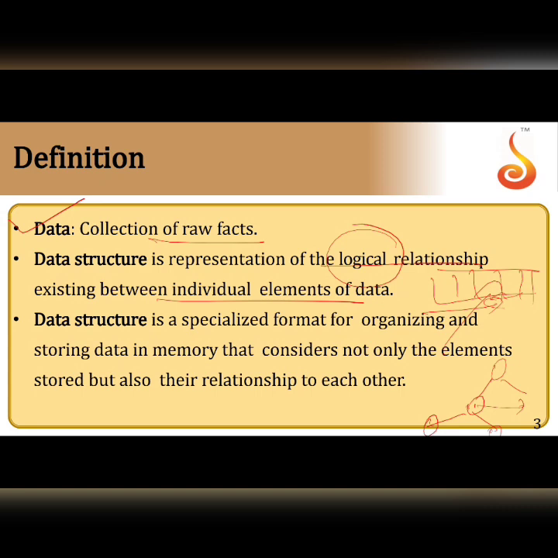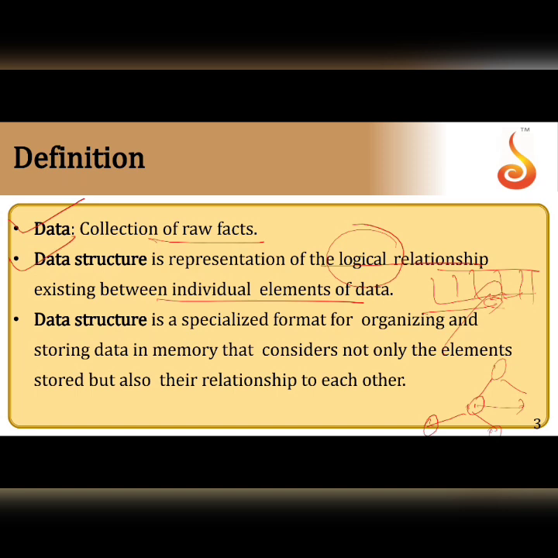Because when you have to retrieve, traverse, insert, delete, sort or search, you should know how they are related so that you can traverse in a proper way. So a data structure is a representation of the logical relationship existing between individual elements of data.